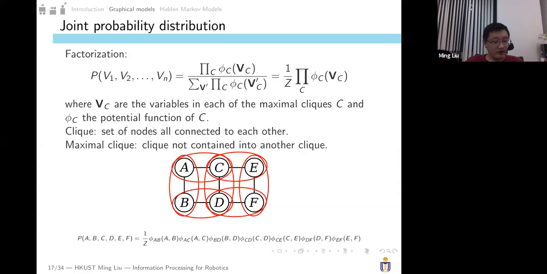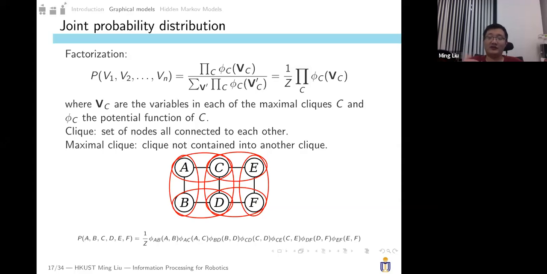Okay, that's some basic properties of MRF. Compare with the DAG, the directed acyclic graph, and you can see that the key difference is now you don't have an arrow.